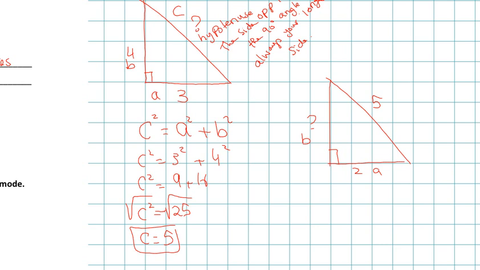So, I know the hypotenuse, I know A, I'm looking for B. How would my formula change? So let's start with the original formula here, or A squared plus B squared, doesn't matter. Let's just stick with this. So I'm looking for B. C squared minus A squared equals B squared. Plug in the values.